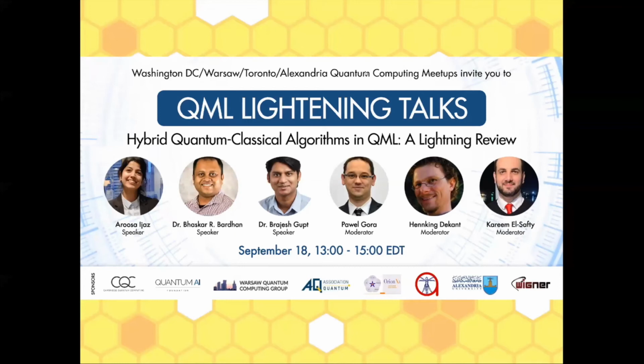Regarding a question here: if we have a 1000 by 1000 matrix, that would mean we have 1000 samples and 1000 features. How can we encode something like this in a quantum computer?